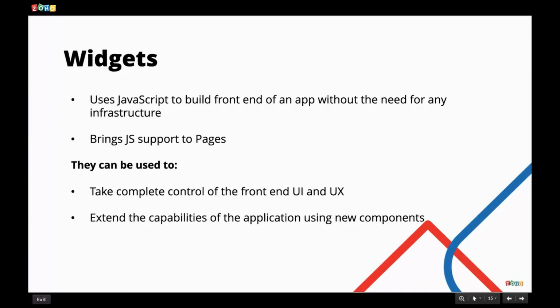And the pages in Creator are going to support these new JavaScript widgets. And they can be used in two ways: to take complete control of the front-end user interface, and you can totally redesign the way it displays or presents itself when the user interacts with your Creator application, or extend the capabilities of the application by adding some new components to it.